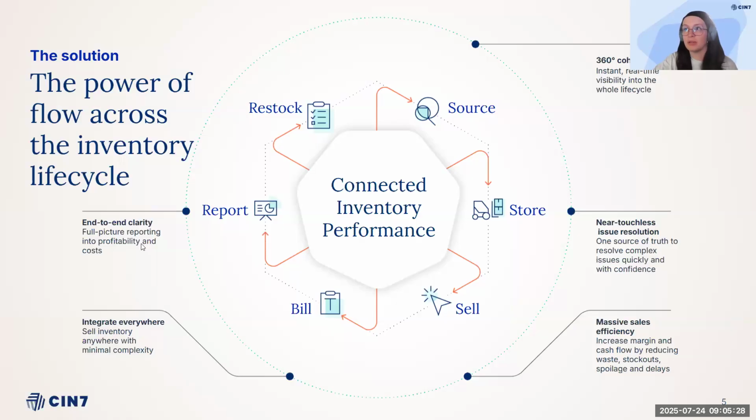So some of the ways that we help with this end-to-end clarity. Because we're capturing all of these portions of the supply chain within one, you've got visibility into your products from the moment that they were purchased all the way through to when they were sold. Some good information on costing there as well that we keep track of. Integrating everywhere.